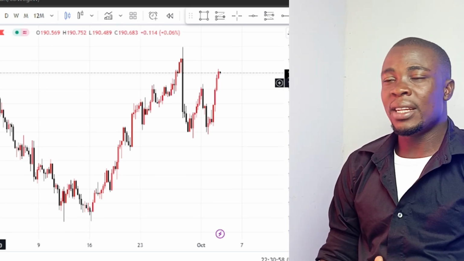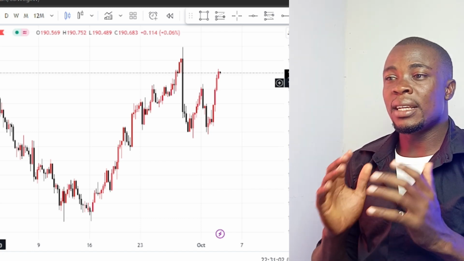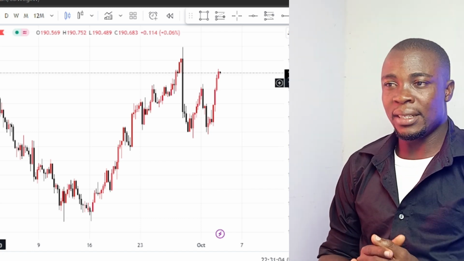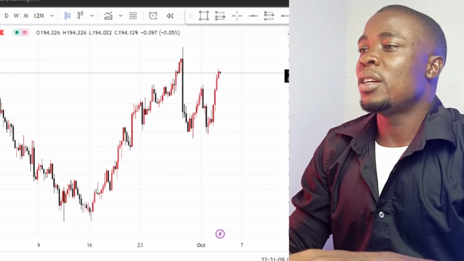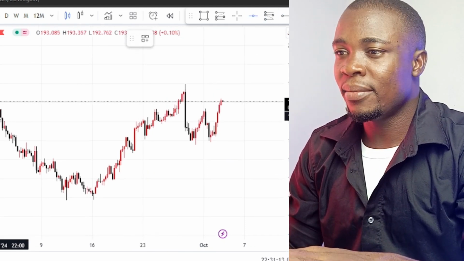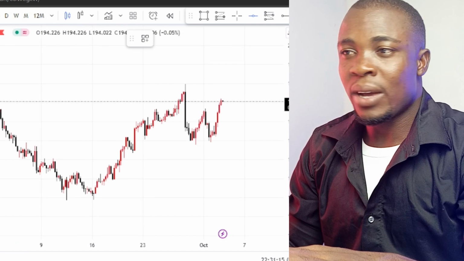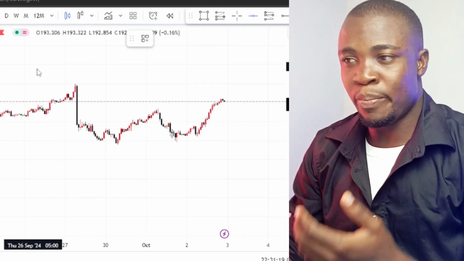Basically, how to trade this is that you just use simple support and resistance. Let me show you how to do it. You just pick your horizontal line. Maybe you can use 4 hours, you can use 1 hour, it depends.